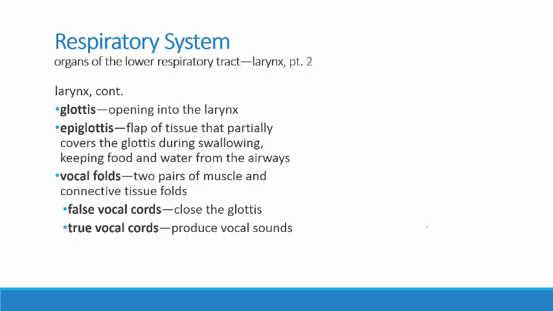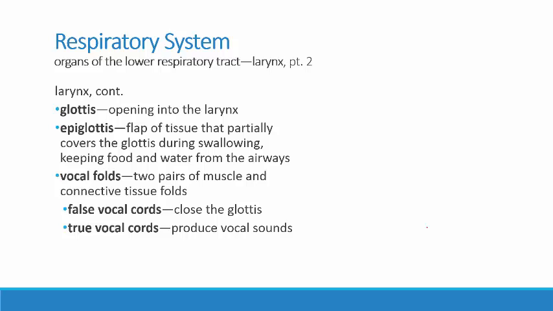Also surrounding the opening of the glottis, we have two layers of vocal folds. Vocal folds are pairs of muscles and connective tissue that help to seal closed the glottis if we need to completely close it.